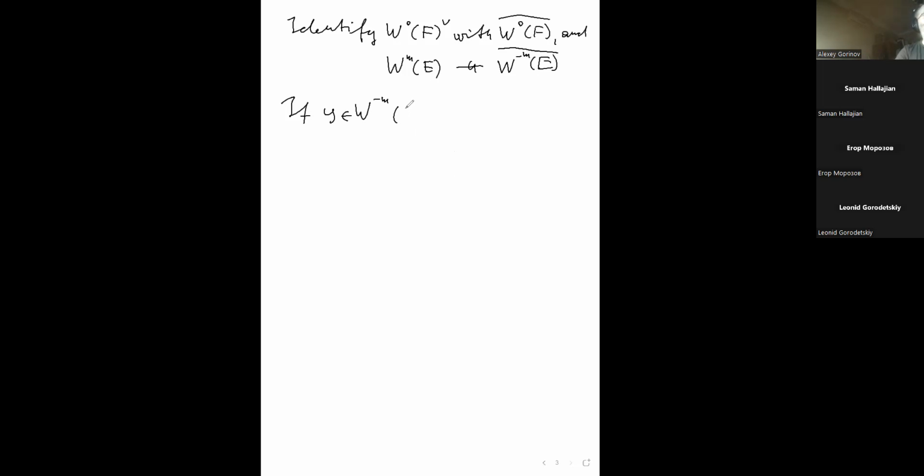So suppose we have a section y inside W^-m of E, and x is inside W^m of E. I define the action of y on x as the L2 scalar product of x and y.